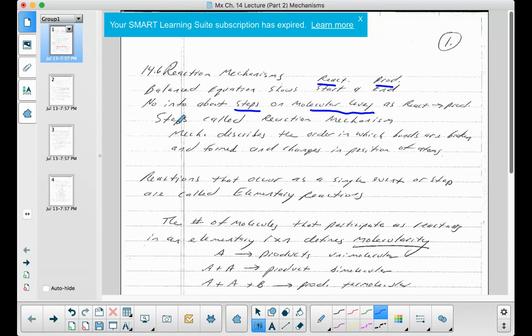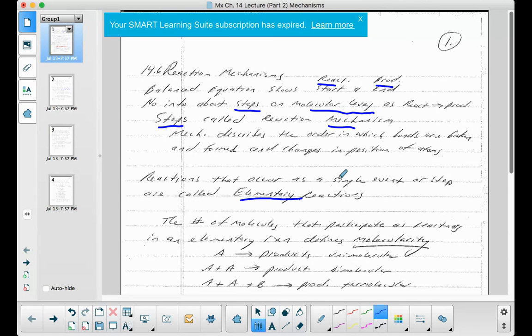So the steps in the chemical reaction that we never really actually see is called the reaction mechanism. And so it describes the order in which the bonds are broken and formed and the changing position of the atoms.